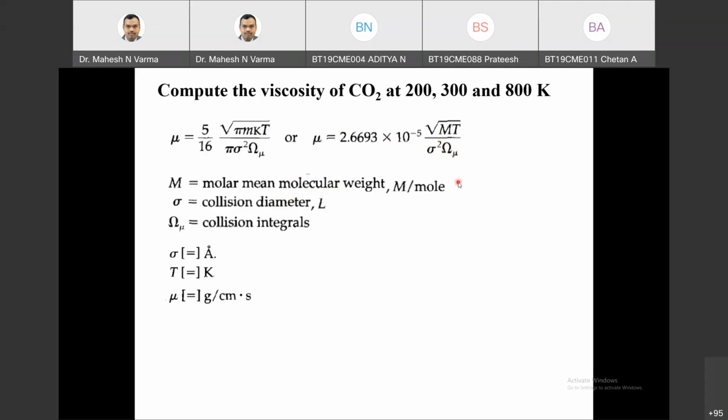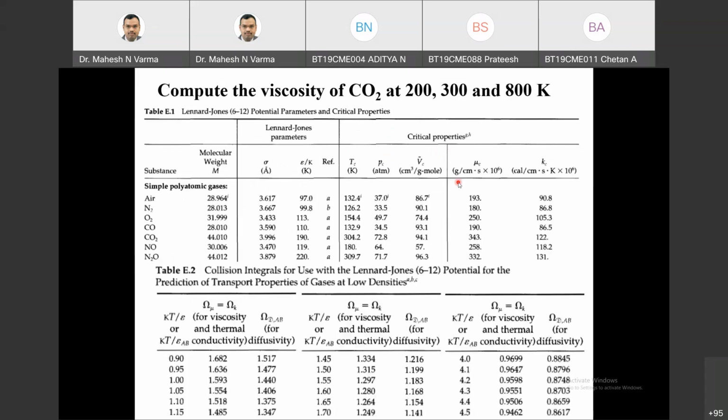For the collision diameter, as I showed you, we use the Lennard-Jones potential parameters and critical properties from table E.1.